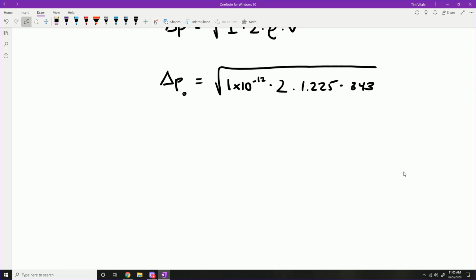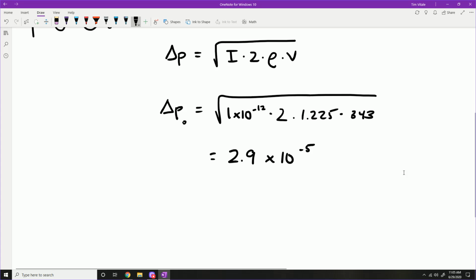So the square root of 1 times 10 to the negative 12 times 2 times 1.225 times 343. And I get my first amplitude, which would be 2.9 basically times 10 to the negative 5.